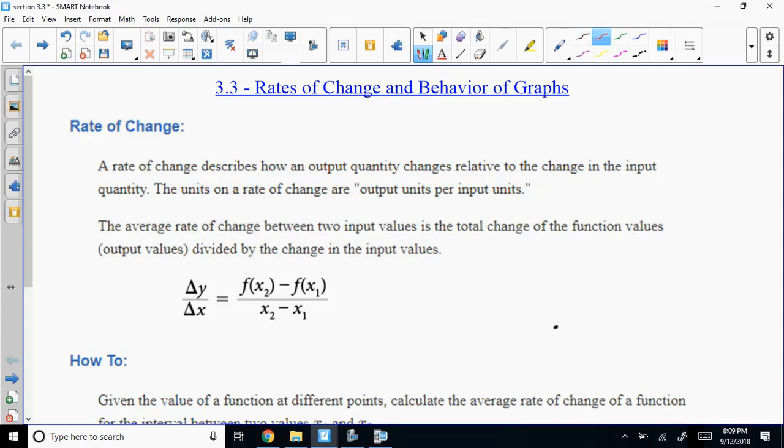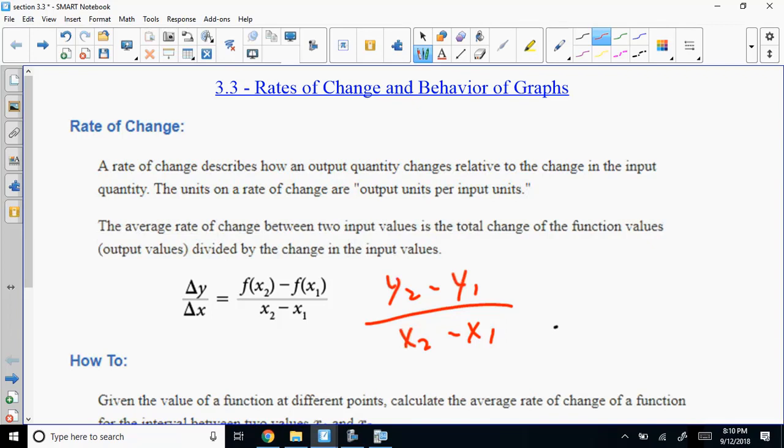It's more normally been like this, right? F of x is the same as what? Y. So don't let that crazy notation scare you. Don't let it get you.